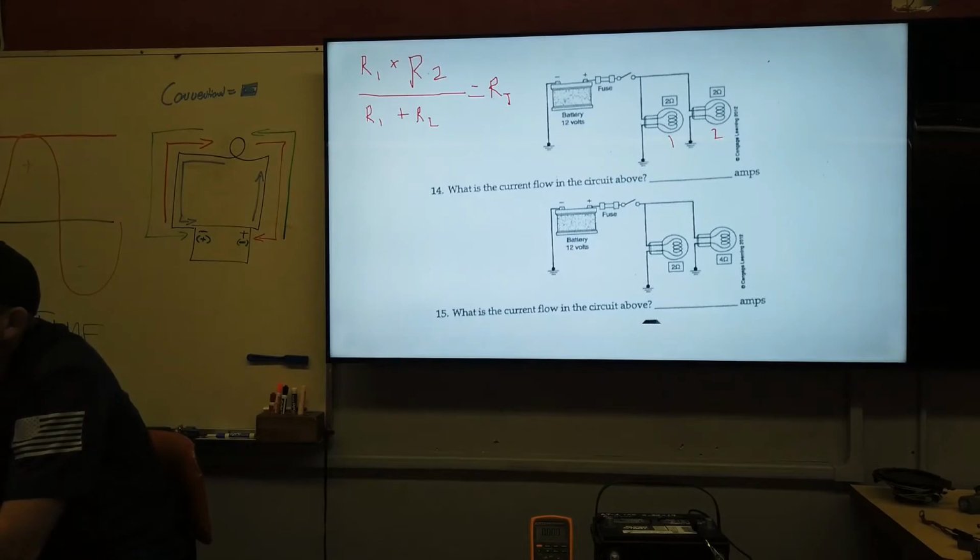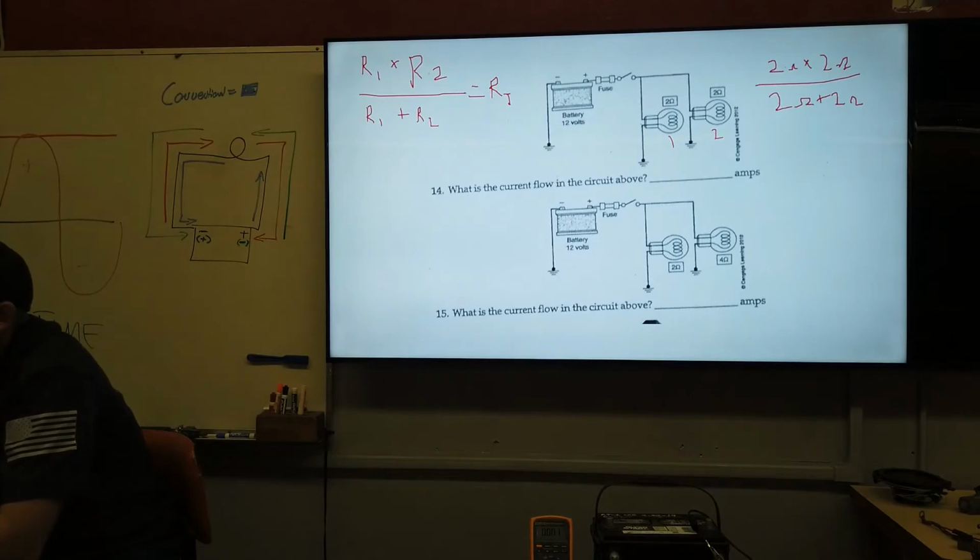2 ohms times 2 ohms. There's our omega symbol, believe me. Then 2 ohms plus 2 ohms.